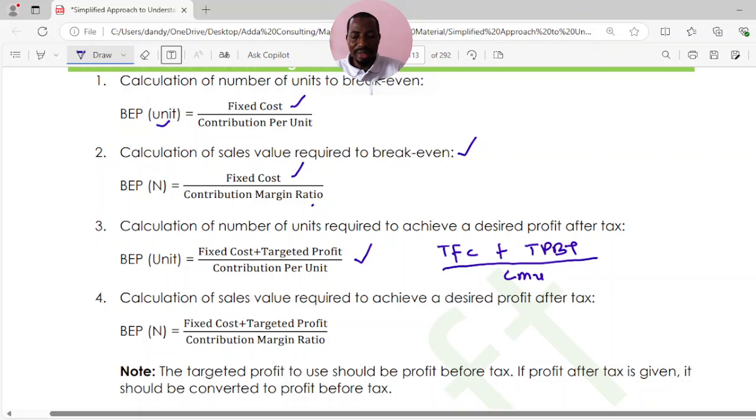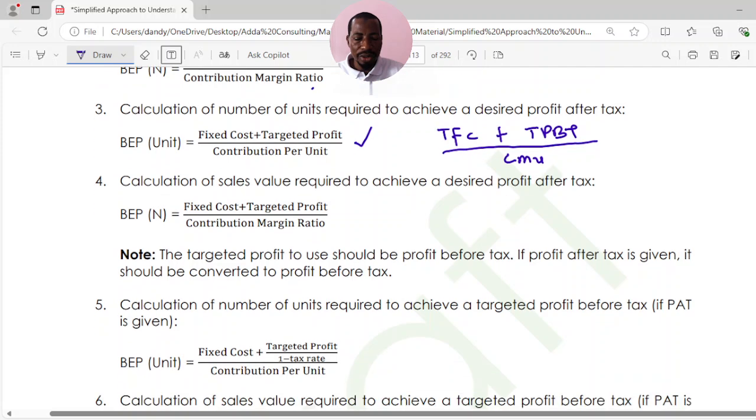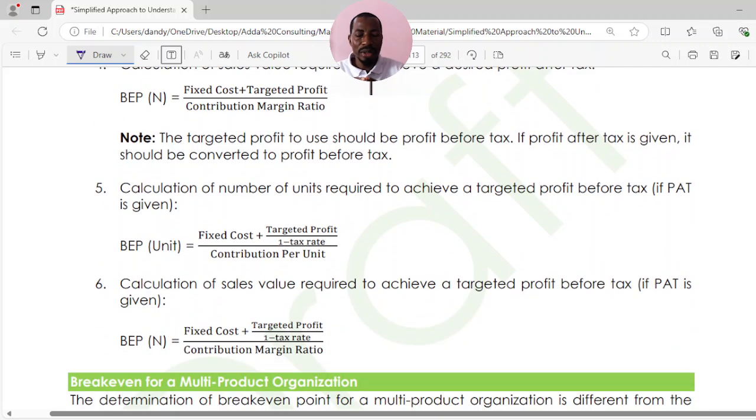So, like I said, the targeted profit to be used should be profit before tax. Therefore, if profit after tax is given, it should be converted to profit before tax before computing break-even point. So for this purpose, if you are asked to calculate number of units required to earn a targeted profit after tax, you are expected to convert the profit after tax to profit before tax. How do you do that?